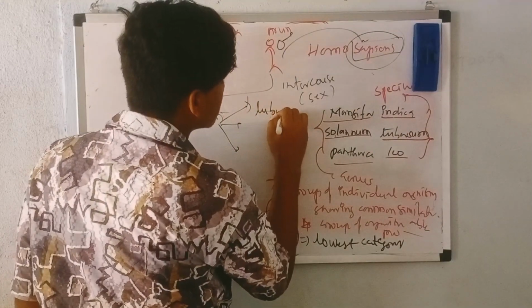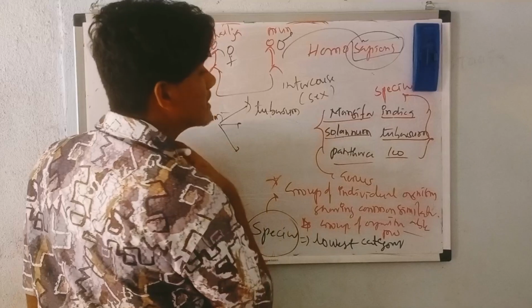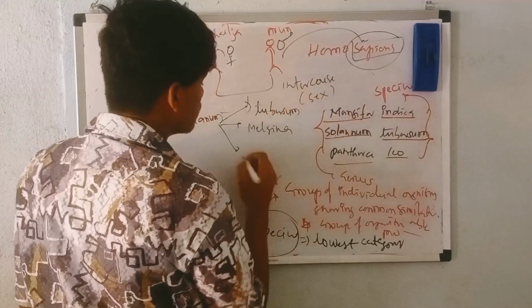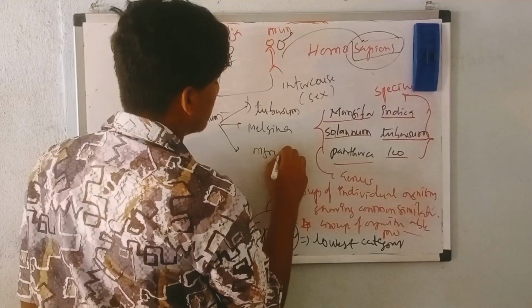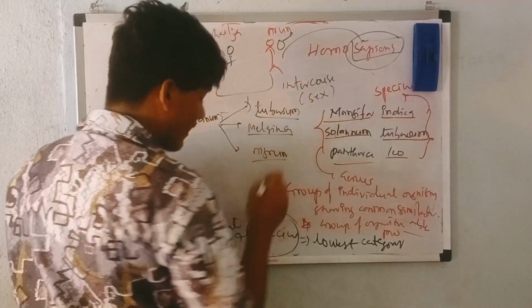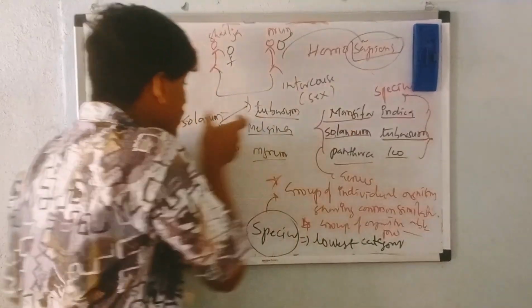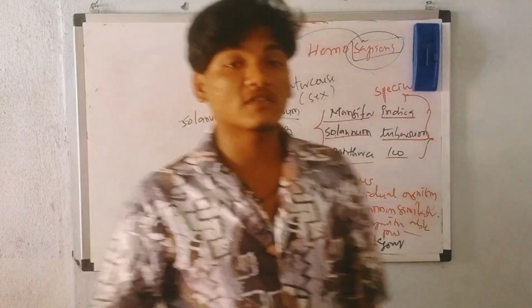That tuberosum represents the potato. Another one is melongena, which represents the brinjal, and we have nigrum too. Like this, tuberosum, melongena, nigrum are the different species having the common genus.